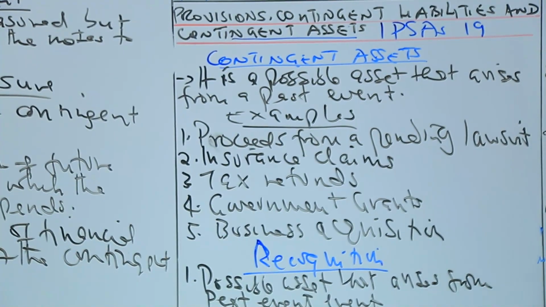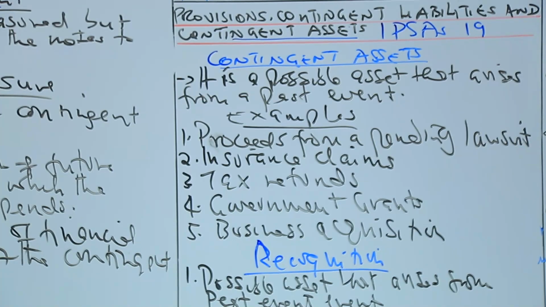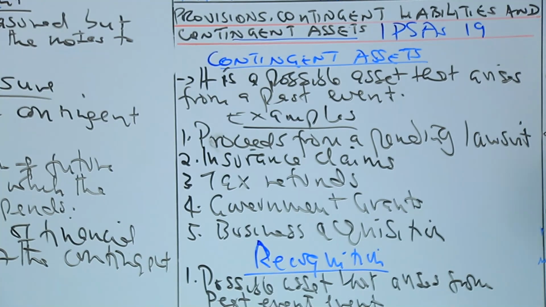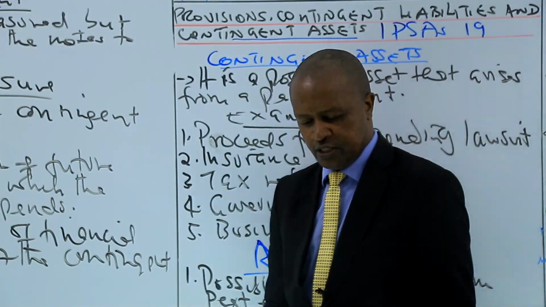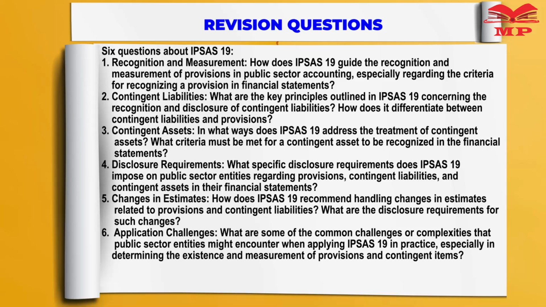I'm going to give you today's revision questions based on International Public Sector Accounting Standard number 19. The first question is in relation to recognition and measurement. Number 1, how does IPSAS 19 guide the recognition and measurement of provisions in public sector accounting, especially regarding the criteria for recognizing provisions in financial statements?